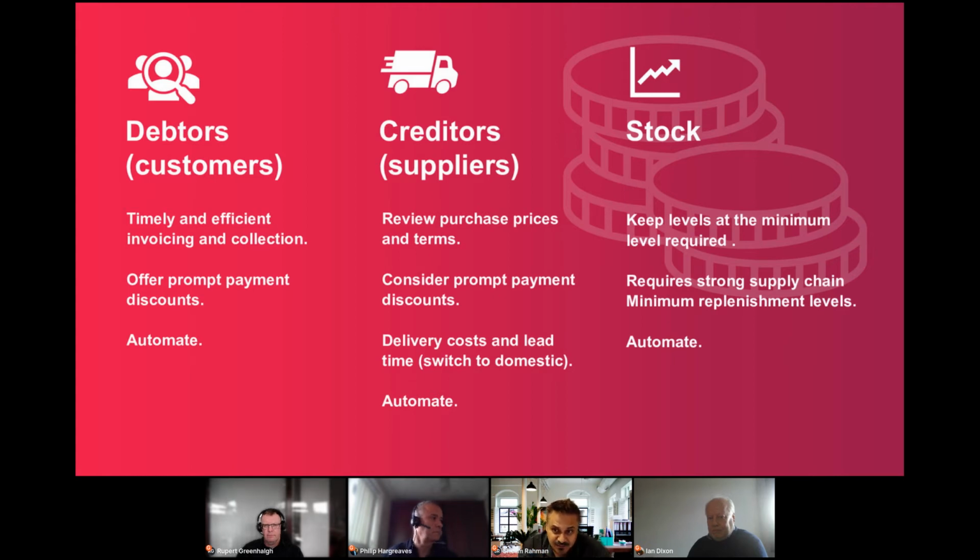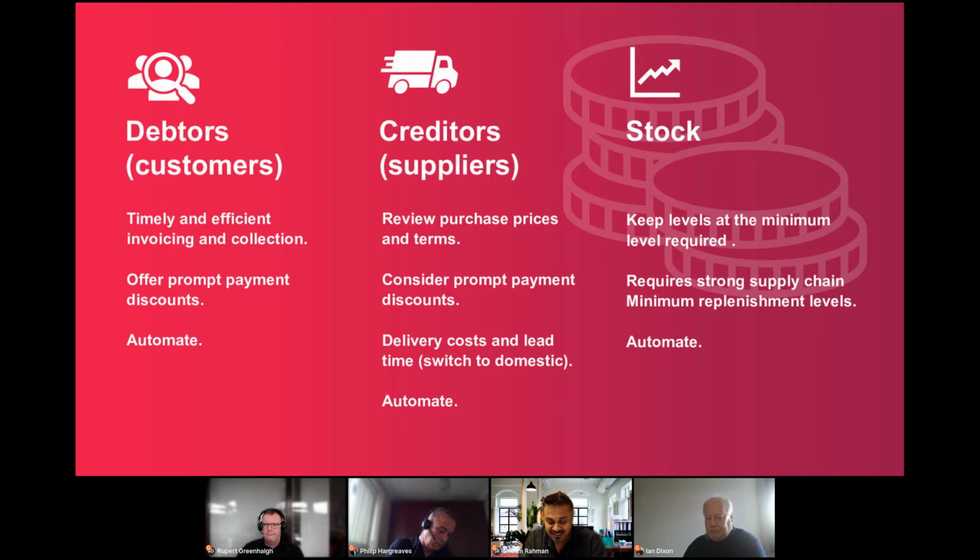A small point here, offering a prompt payment discount. This applies to both you offering it to your customers and you accepting it from your suppliers. It may be as small as 2 or 3%, or even 5% I've seen. So this is asking your clients to pay early. If they pay within 7 days of receiving the invoice rather than say 14, you offer them a fairly attractive discount.